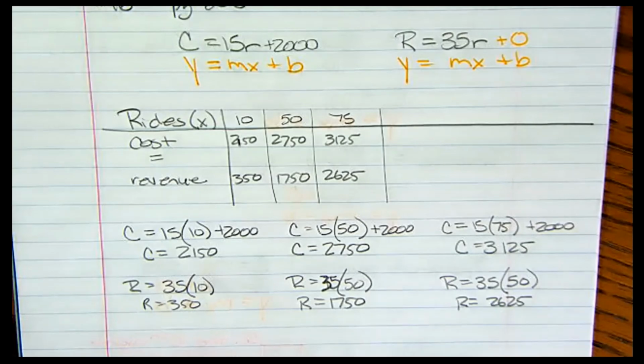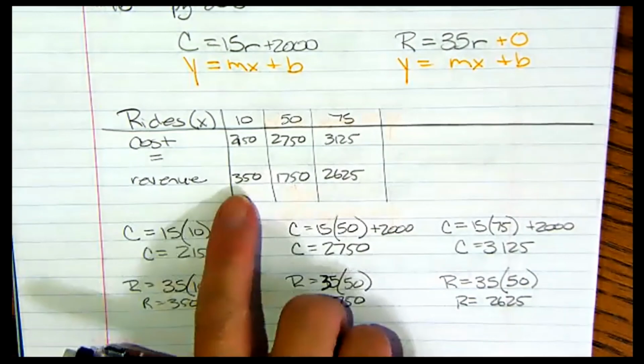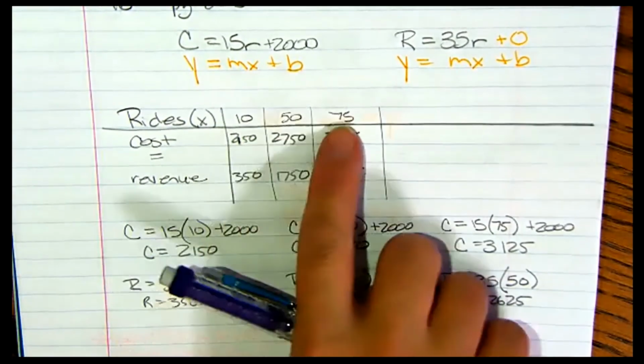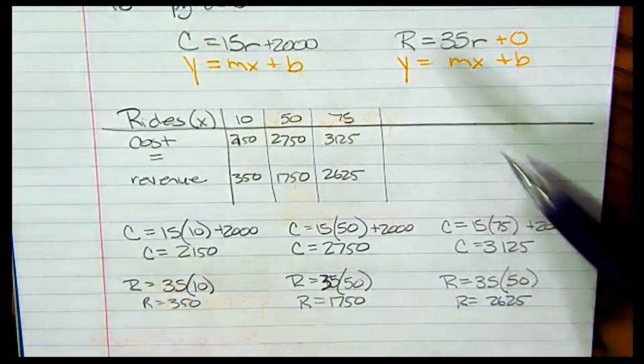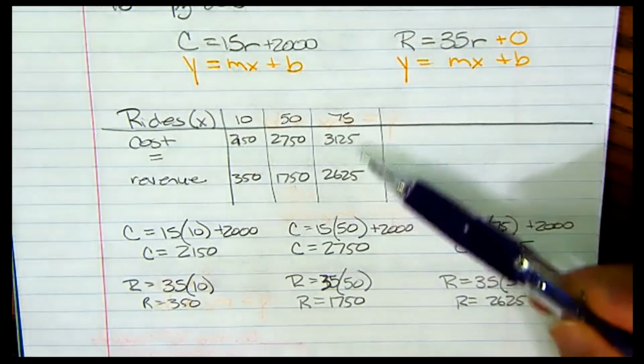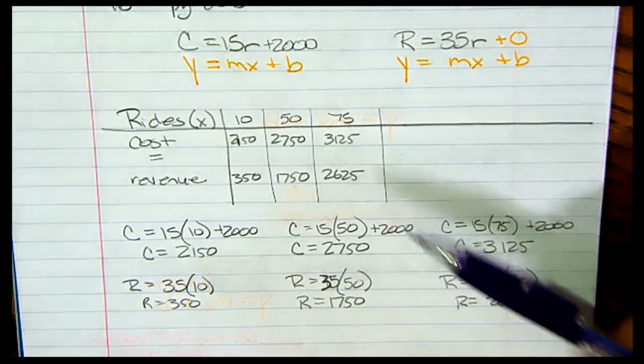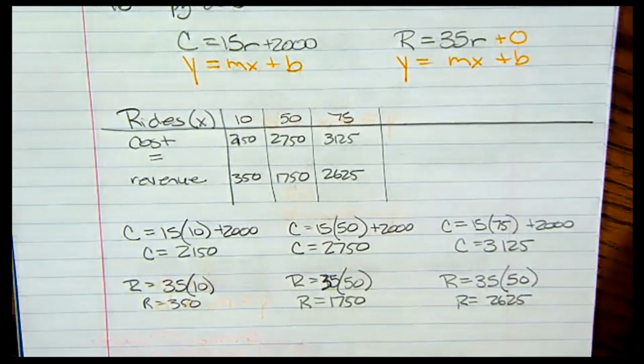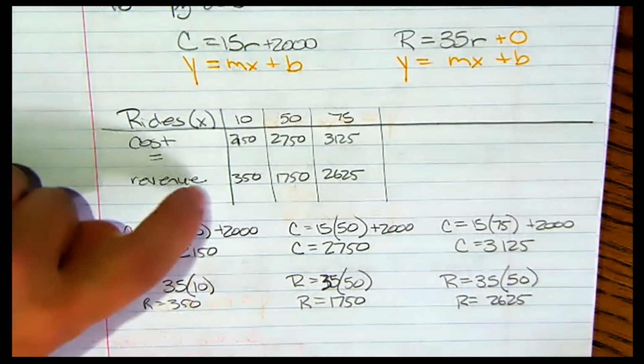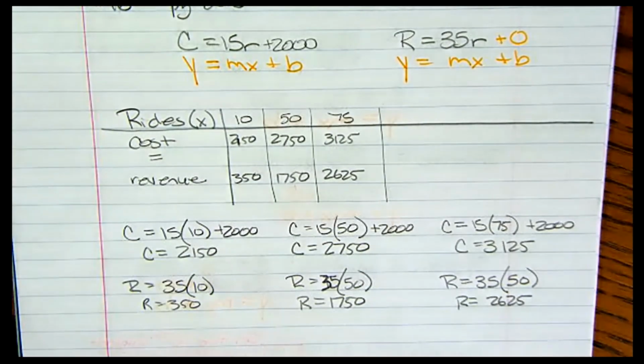You need to decide, okay? So we've worked it out for 10 rides, 50 rides, 75 rides, and we know we need more rides before we break even, before my cost equals my revenue. So I'm going to let you continue to work that one out on your own.